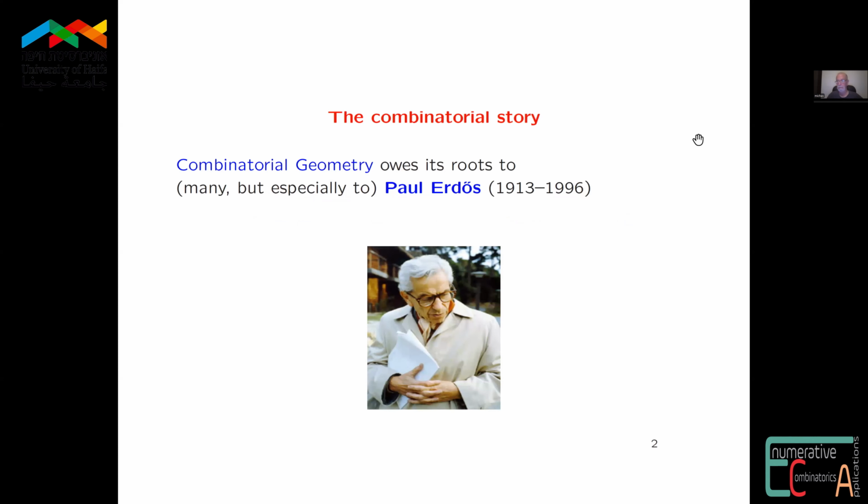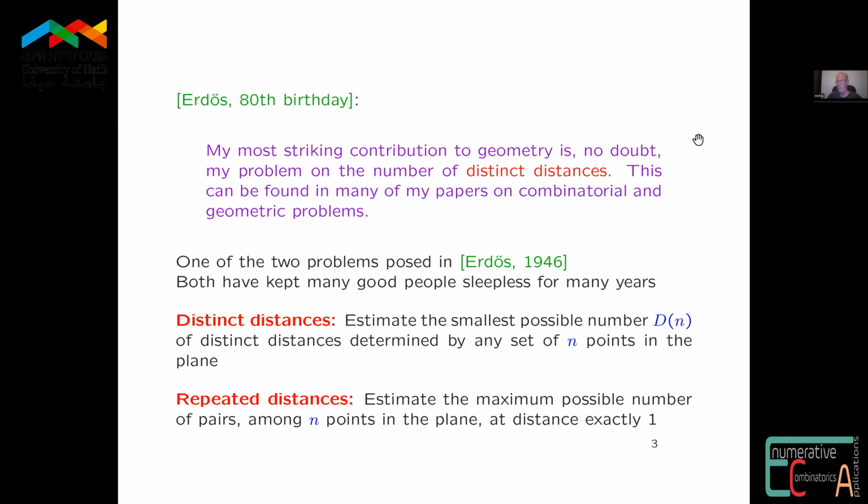I just want to introduce the topic by mentioning Paul Erdős, who is one of the founding fathers of the whole area of combinatorial geometry. He wrote in 1946 a very short paper, 2-3 pages, in which he introduced two simple, innocently looking problems that really have made life quite hard for many smart people.